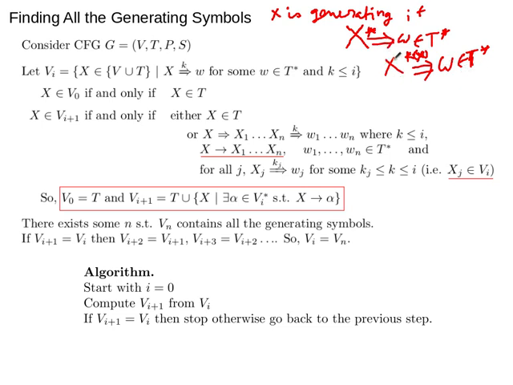So if it is generating at all, then there is some n such that you can generate the terminals within n many steps.